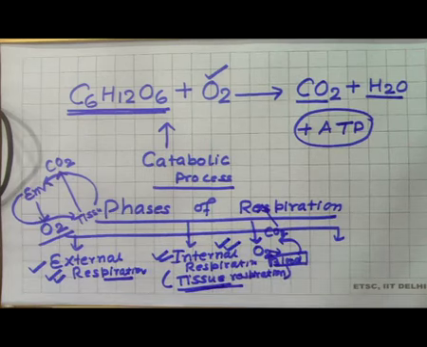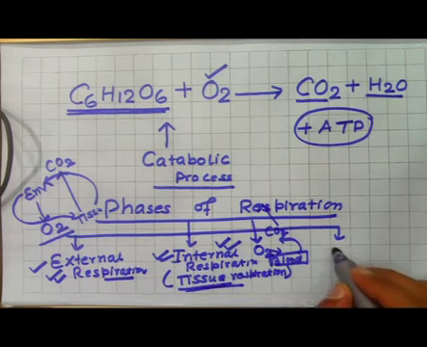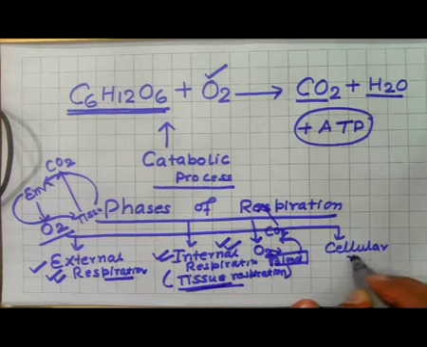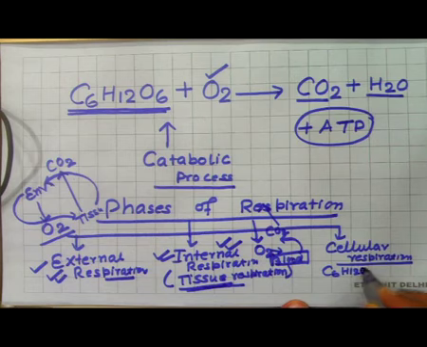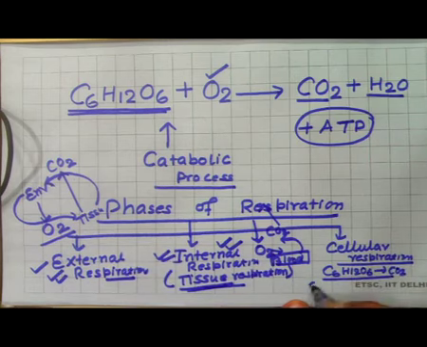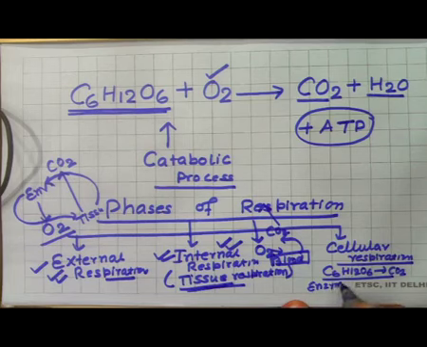The other type of respiration, which is very important in this chapter, is called cellular respiration. In this respiration the glucose molecule is broken down to carbon dioxide with the help of enzymes.